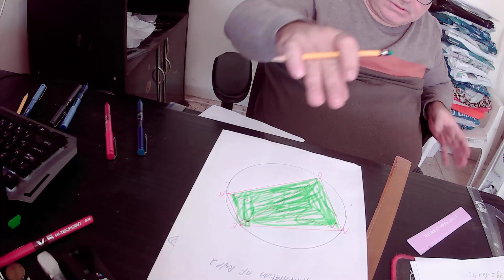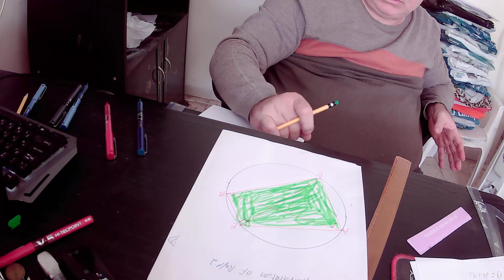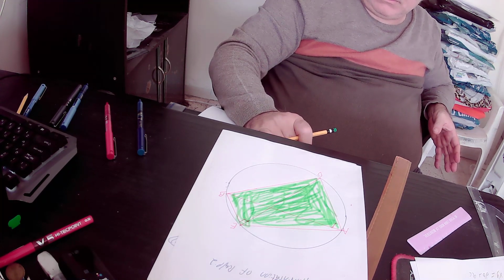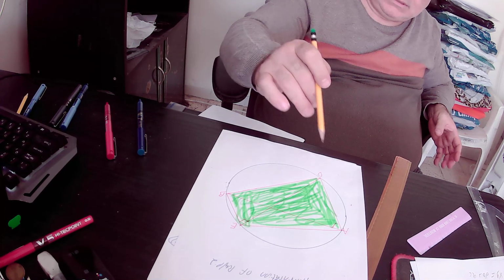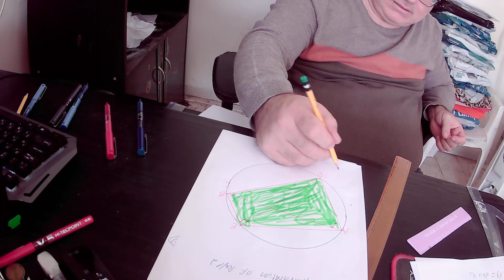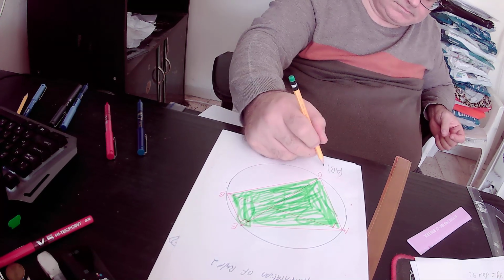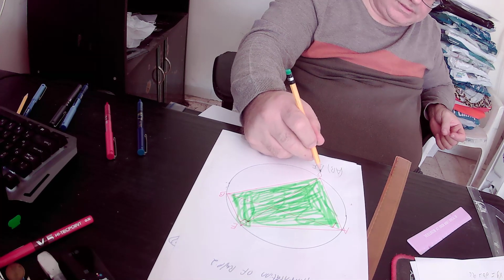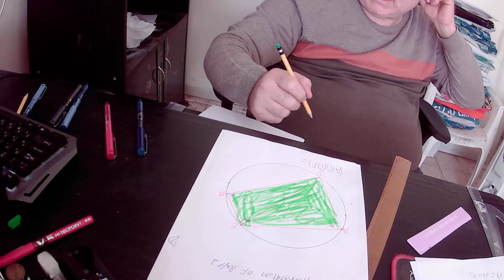Therefore, we can implement in this drawing rule number 3. And according to rule number 3, the product of quadrilateral AEBD diagonals is AB times DE, and that product equals to the sum of the products of its opposite sides.